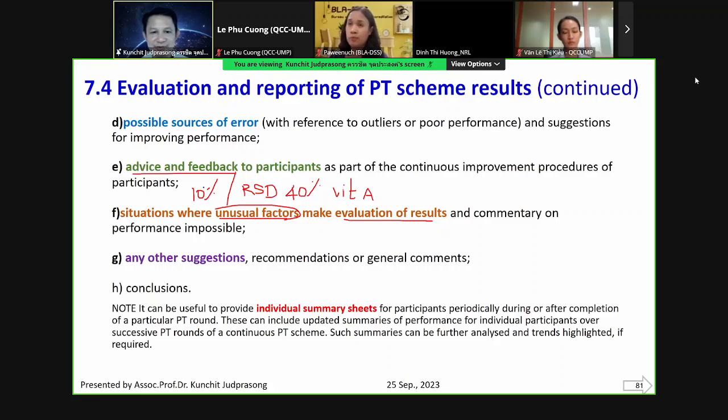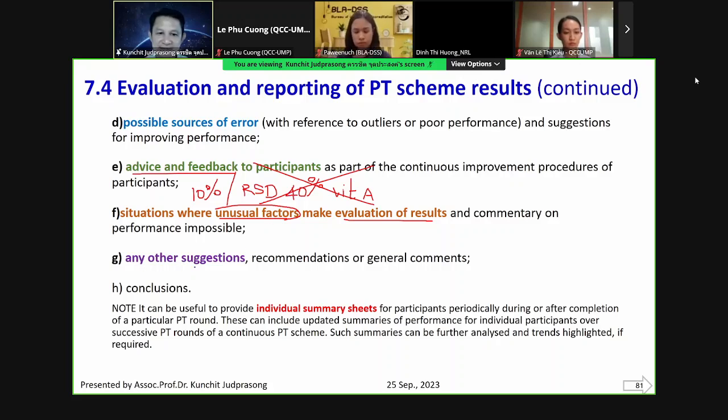This looks like the target, and when you get a result much higher than the target, it means it's not good. So in this case, we will not evaluate, because this is an unacceptable percent relative standard deviation that we got.